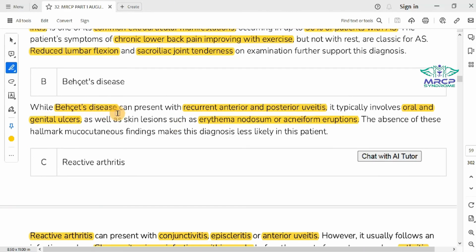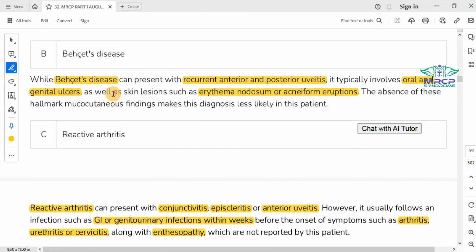While Behçet's disease can present with recurrent anterior and posterior uveitis, it typically involves oral and genital ulcers as well as skin lesions such as erythema nodosum or acneiform eruption. The absence of these hallmark mucocutaneous findings makes this diagnosis less likely in this patient.